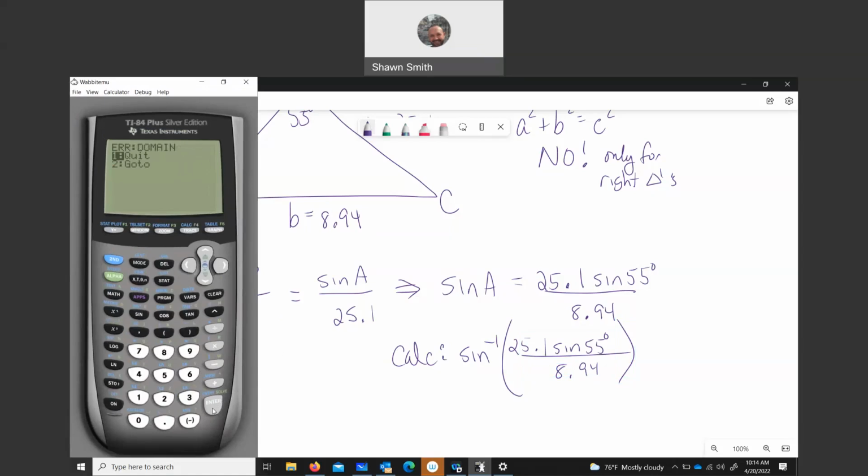Oh, error again. Why do you think I'm getting an error? Watch this. Let me take off the inverse sine and see what all that parentheses of this big quotient is.